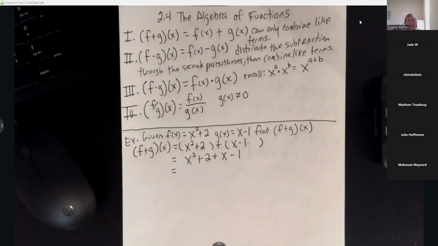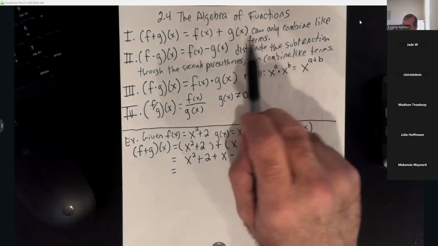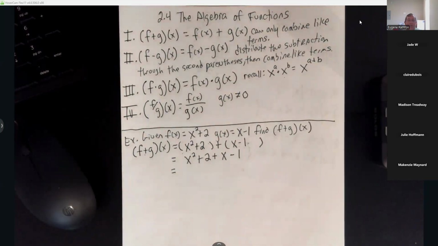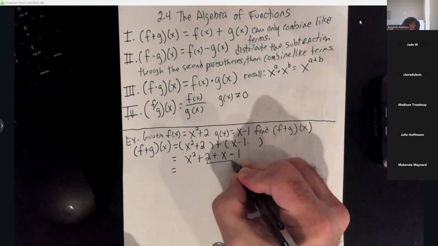So tell me, remember it said the only thing I can do when I'm adding is combine like terms. So do y'all have any like terms that we can maybe add together here? So what you got? 2 and negative 1? Perfect. That's the only things we can add together, right?